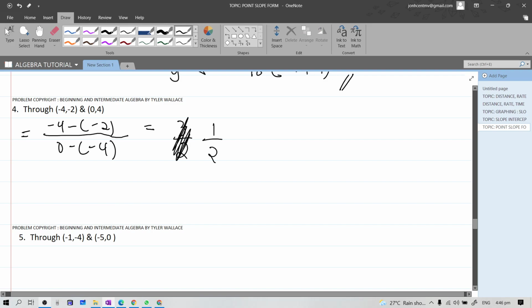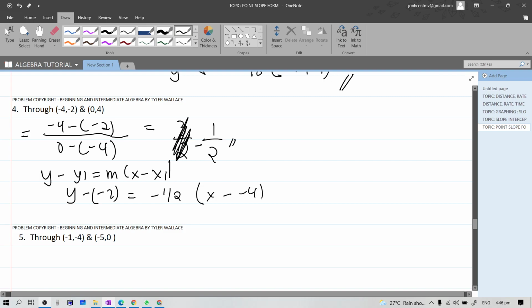This should be negative 1/2. So, simplified na siya ha. Simplified na. Then, evaluate na natin. This is your slope. So, that is y minus y sub 1 is equals to m times x minus x sub 1. We will get y minus, what is your y sub 1? Your y sub 1 here is negative 2 is equals to slope mo negative 1/2 times x minus negative 4.